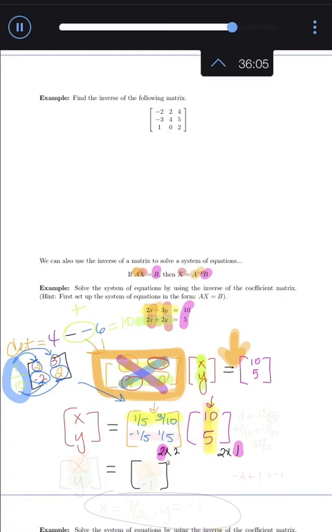Well, you'll do the 1/5 times the 10 first, which is 2. So we'll get 2 for that, added to, well, now I have to do the 3/10 times the 5.